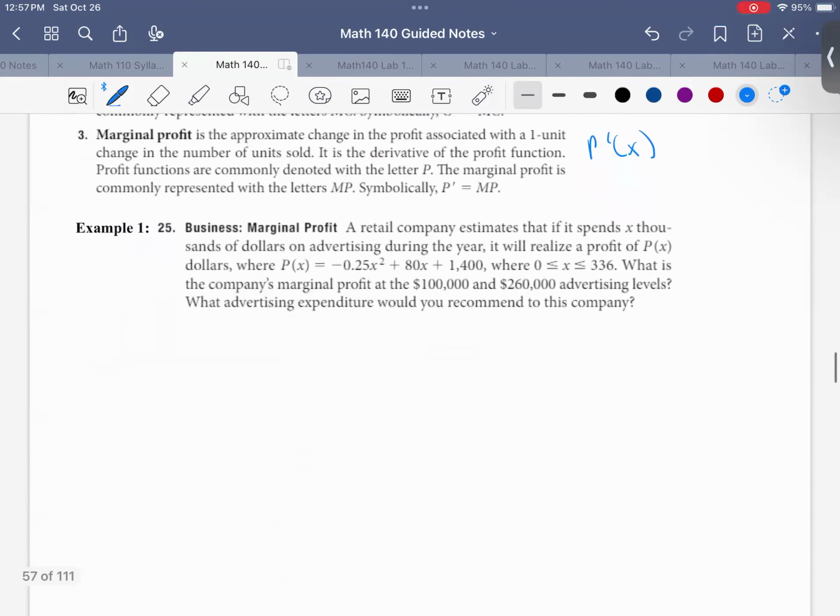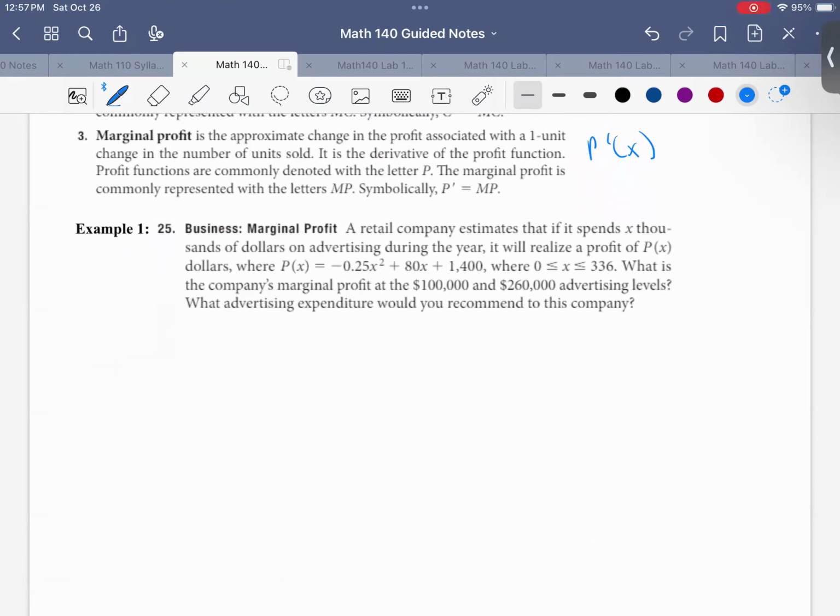Example one says a retail company estimates that if it spends x thousands of dollars on advertising during the year, it will realize a profit of P of x dollars. So x is our thousands of dollars variable, and profit is what we're checking out.